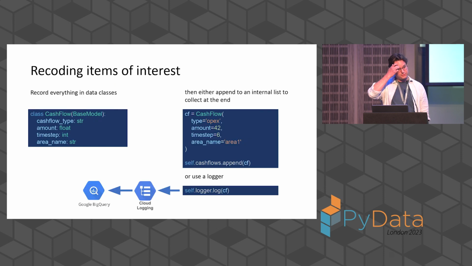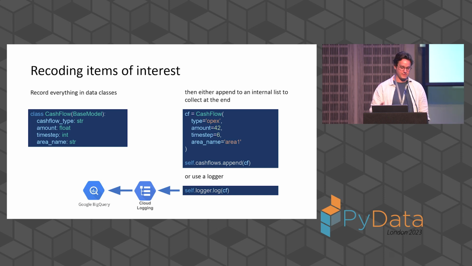You'll probably want to record items of interest as time evolves. I've seen lots of messy ways of doing this. There are generally two relatively clean ways that I've found in my time, and I'm very happy to hear others. First of all, record everything in a data class. That just goes back to earlier principles.